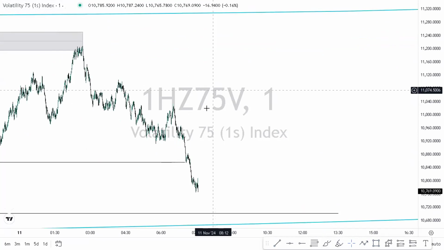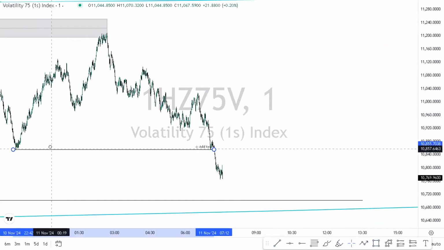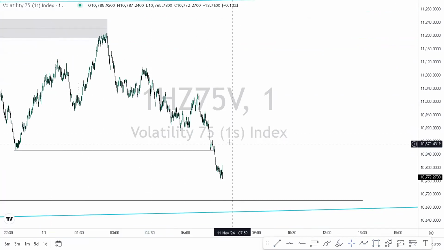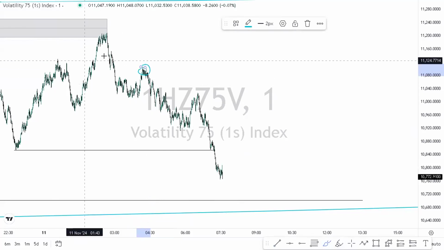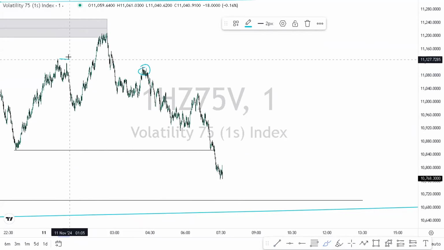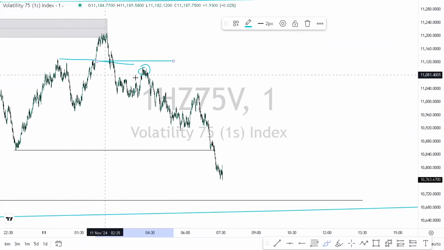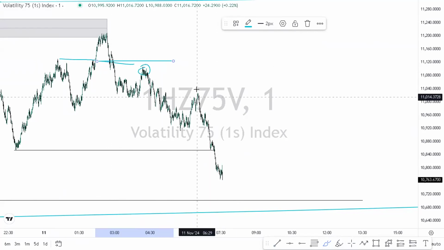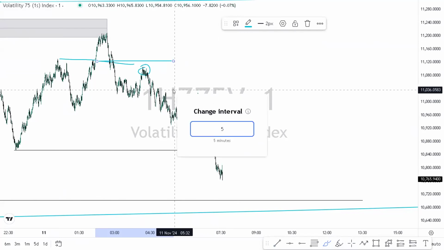After I look at the mitigation, now I have a thorough break of structure from this perspective. Left for me, where should I be seen? I should expect this to be raided. Then I will have to glance through this mitigation around here, which is from here. Okay, so I think I'm done with the lower time frame. Let's dive to 5 minutes.